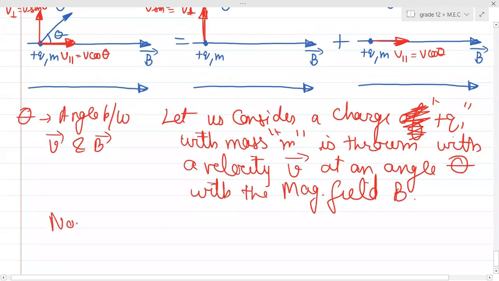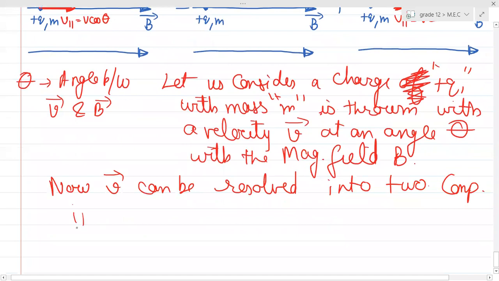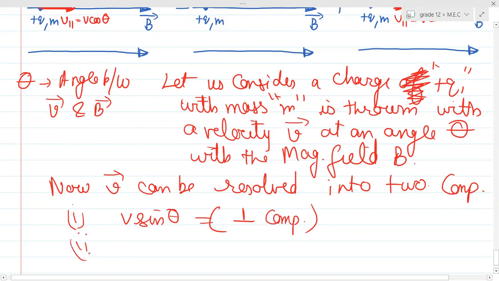Now, the velocity vector can be resolved into two components: v sin theta, which is the perpendicular component, and second is v cos theta, which is the parallel component.